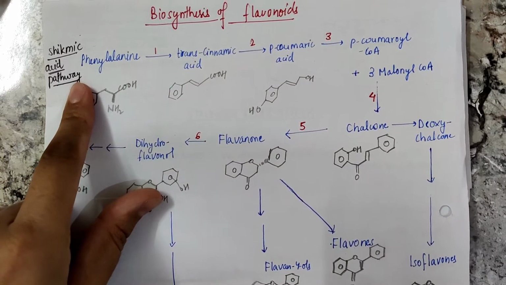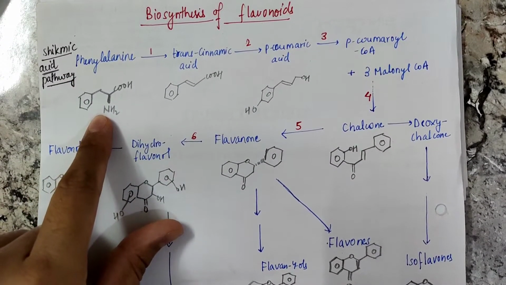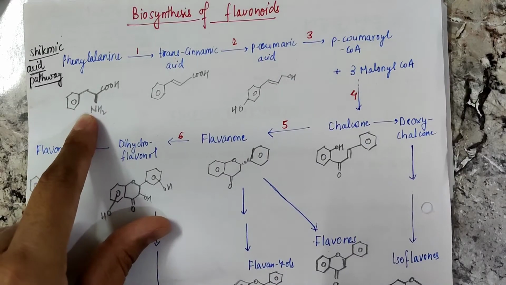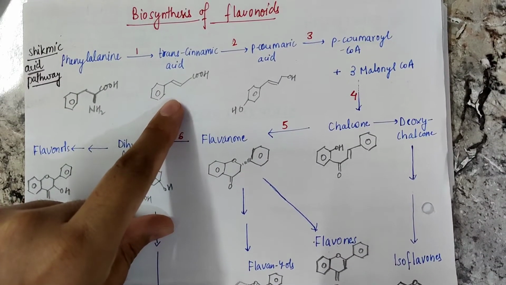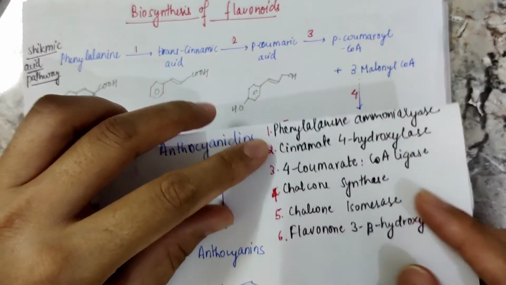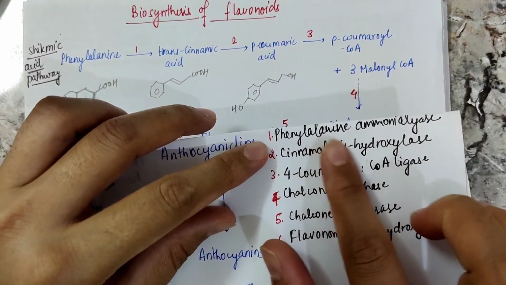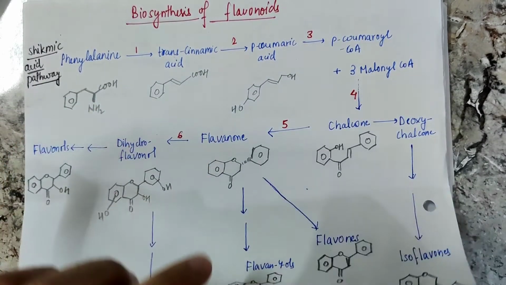If you see, this is the cinnamic acid pathway in which this phenylalanine is getting converted into trans-cinnamic acid, and the enzyme used is 1. So here I have written the enzyme 1, that is phenylalanine ammonia lyase.